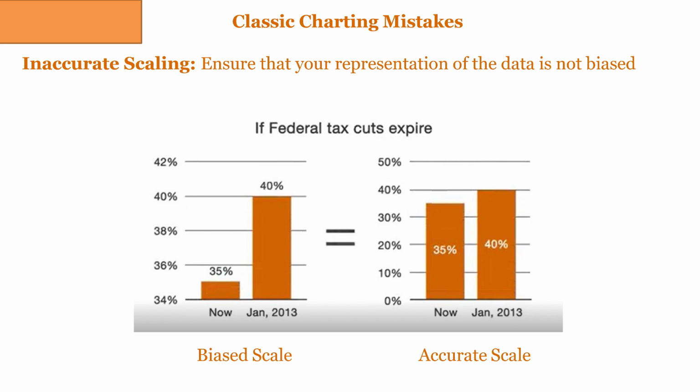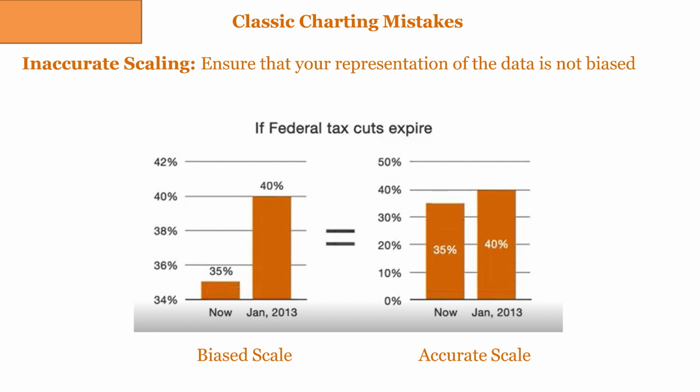We also have inaccurate scaling. We need to ensure that our representation of data is not biased. All right, so if federal tax cuts expire, you see 35 and 40. The way the mind interprets 35 and 40 is, oh, it's just 35, after 35, 40, right? But here is somebody applying the same thing with a biased scale, where 35 looks too much smaller than 40.